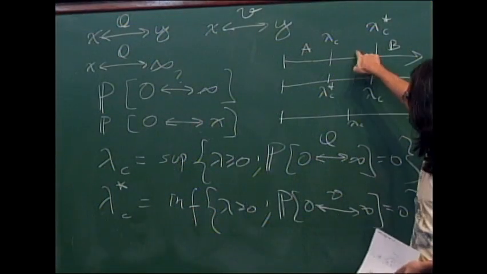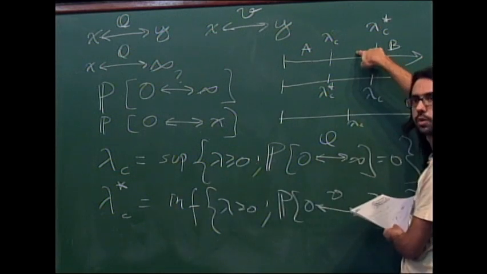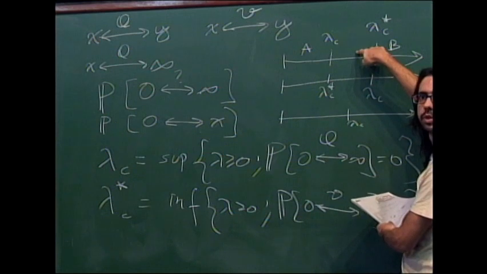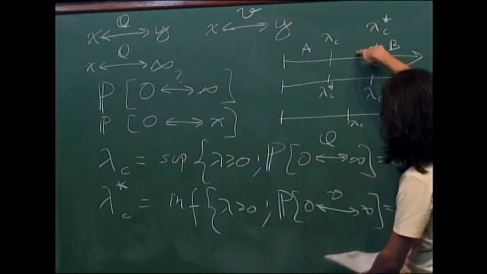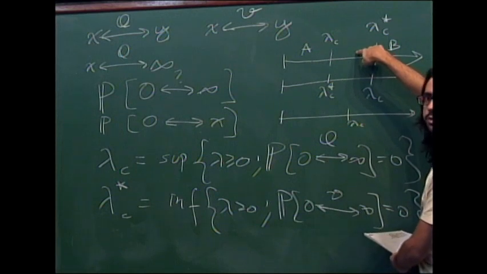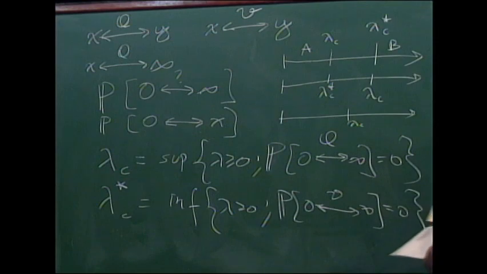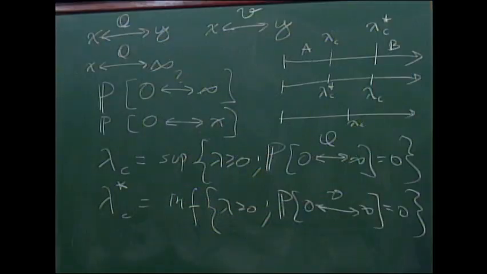And here something strange is happening. You are above this supremum, so this definitely is positive. You have a positive chance to connect to infinity through the occupied. You are below this infimum, so this should also be positive. So there's a positive chance that you connect in the vacant. So somehow the vacant and the occupied unbounded components are living together.